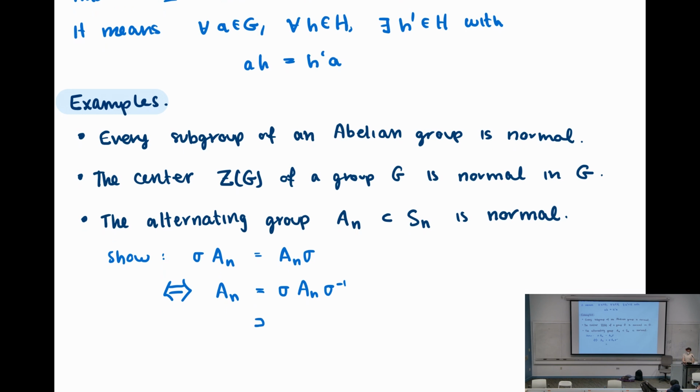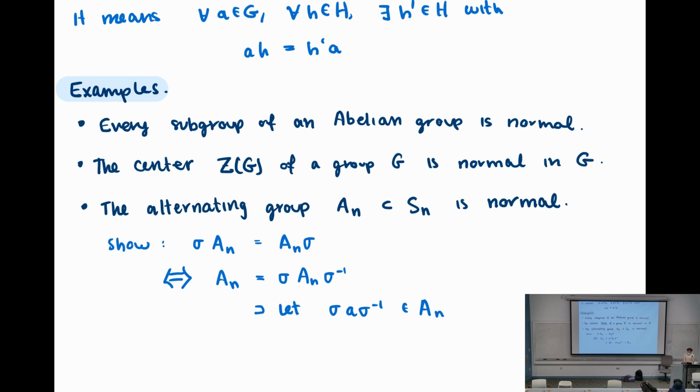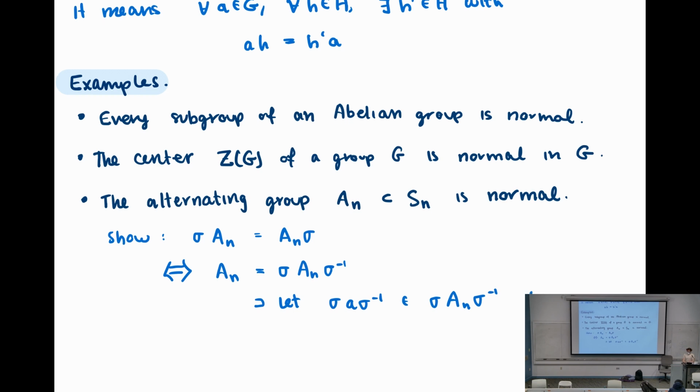So let's let sigma a sigma inverse be an element of sigma A_n sigma inverse. So that means that a is an element of A_n, so that means that a is an even permutation. So what can we say about the even or oddness of this thing?